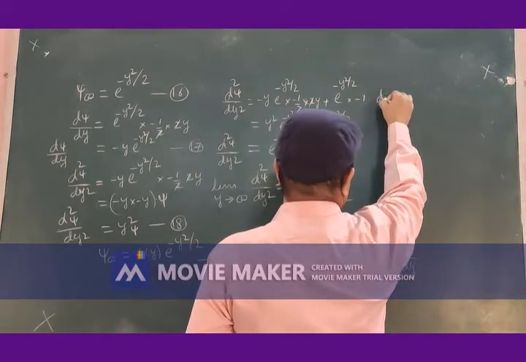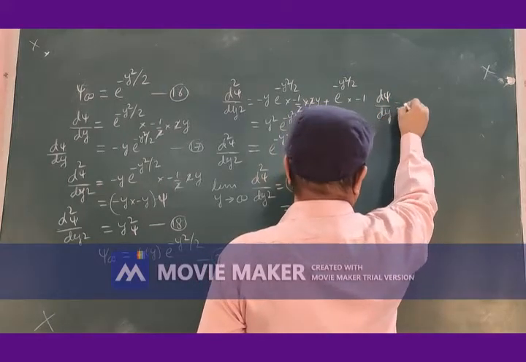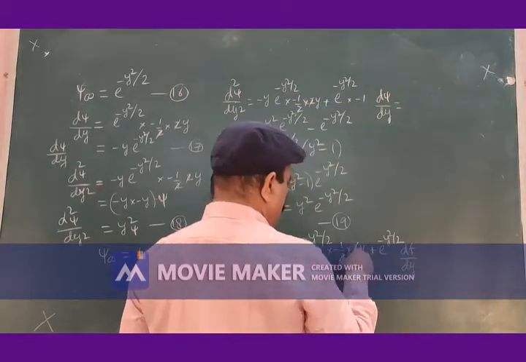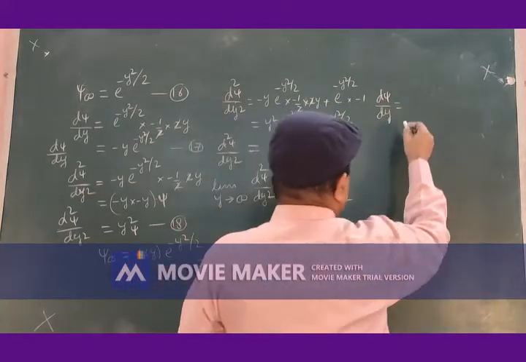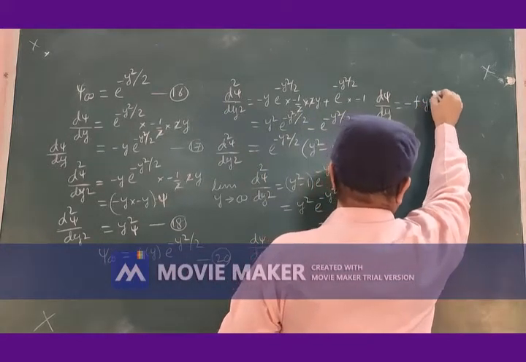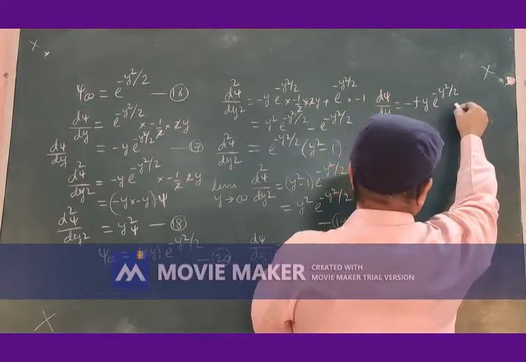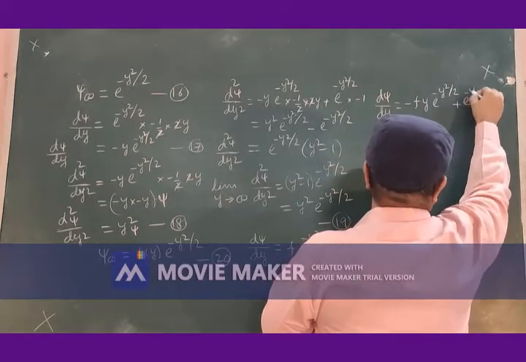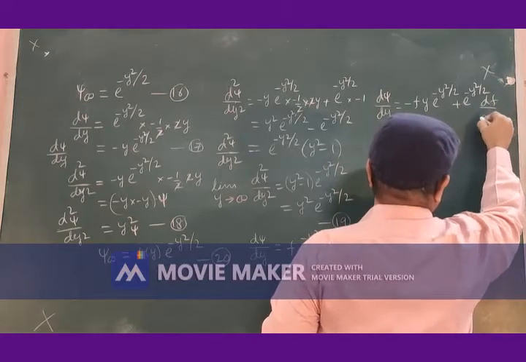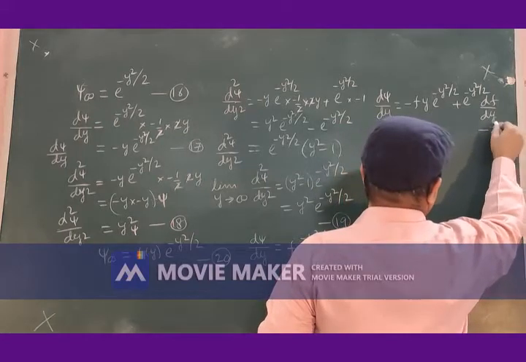So d psi by dy will be equal to, the 2 gets cancelled, minus f into y into e to the power minus y square divided by 2 plus e to the power minus y square divided by 2 into df by dy, equation number 21.